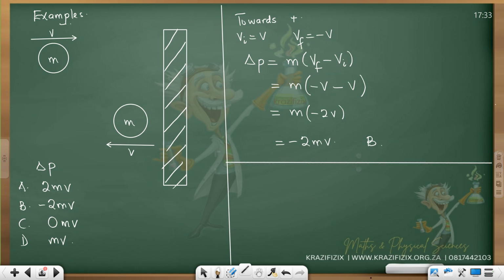Now, another way they'll ask this is, what is the magnitude of the change in momentum? What would your answer be? I'm changing the question now. First, I said, what is the change in momentum? We got B. Now I'm changing the question. What is the magnitude of the change in momentum?